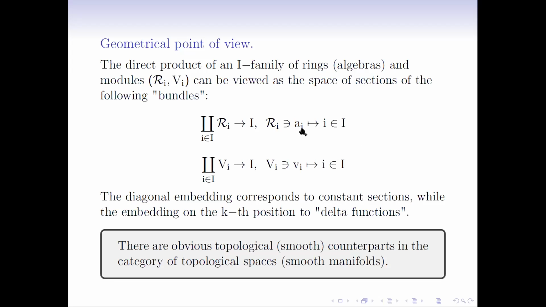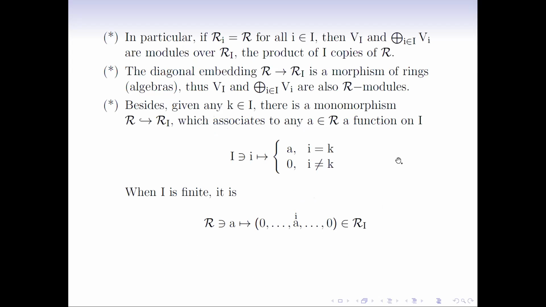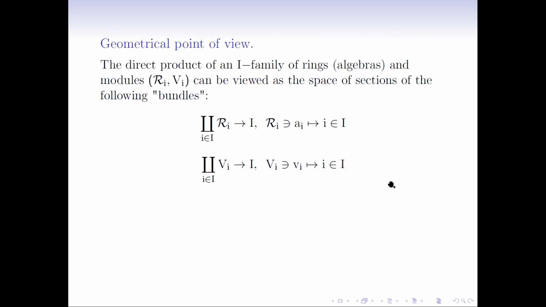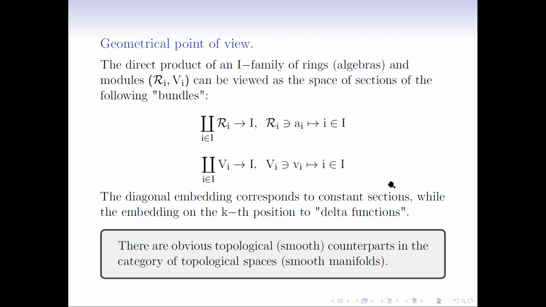We have a map which associates to any i the same a in R. And the previous one means that in fact we have a kind of delta function section, supported only at the point k. Otherwise it's zero.